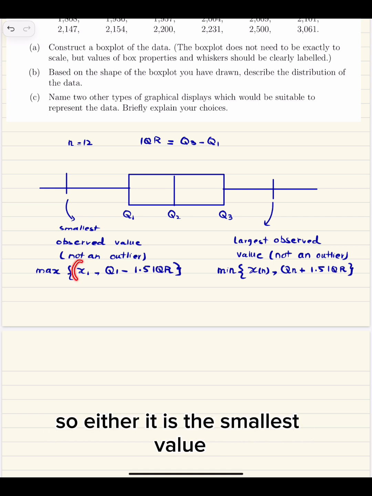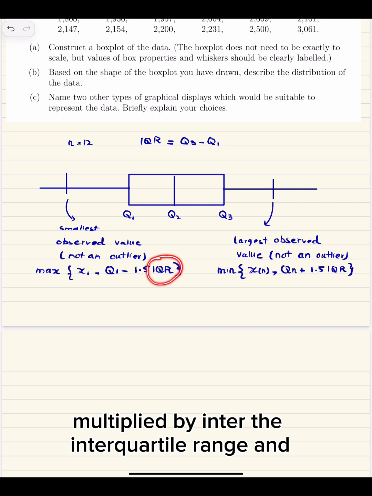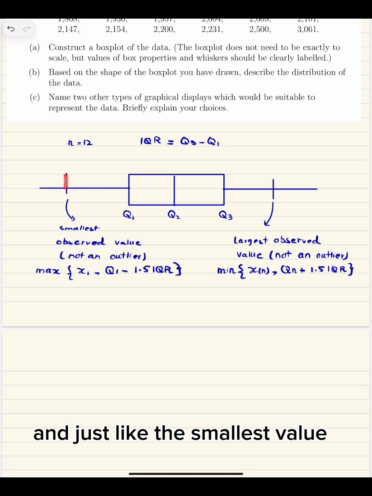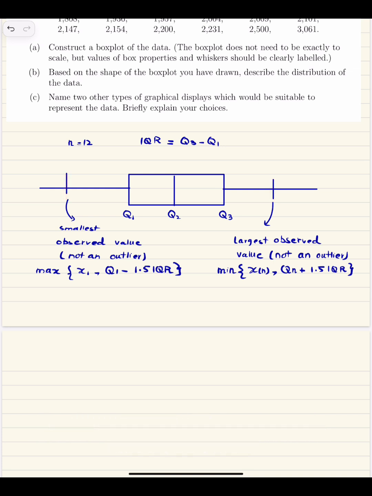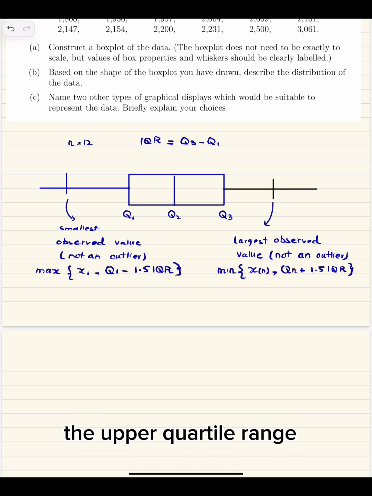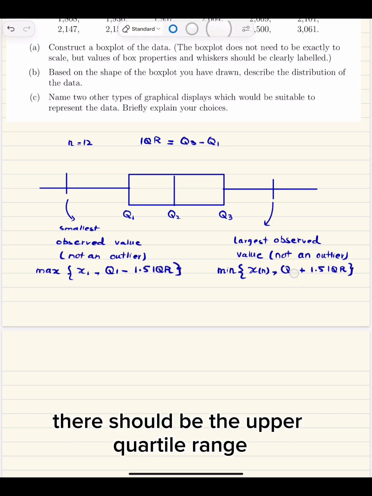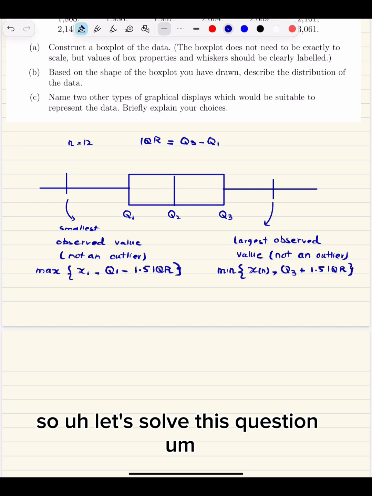So either it is the smallest value or it is the lower quartile minus 1.5 multiplied by the interquartile range. And just like the smallest observed value being here, this is going to be the largest observed value: the minimum between the largest observed value or the upper quartile Q3 plus 1.5 times the interquartile range. There's a typo here. Okay, so let's solve this question.